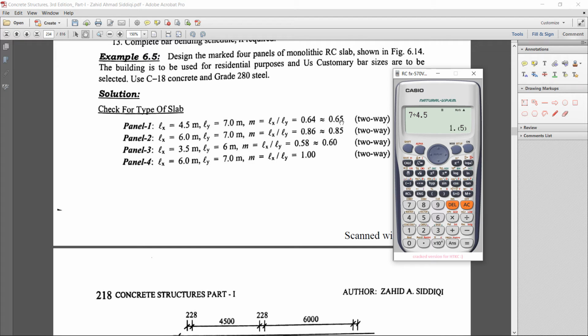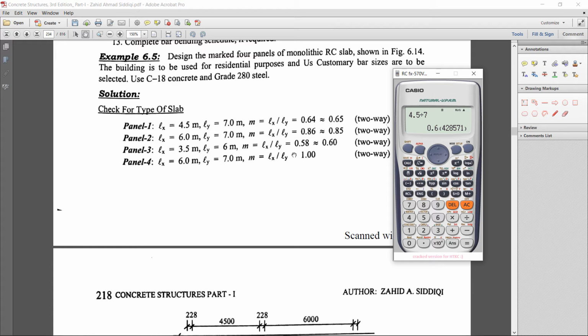It means that it is a two-way slab. But here we use the shorter to longer span, 4.5 divided by 7, so the answer is 0.64. Why are we doing shorter to longer?